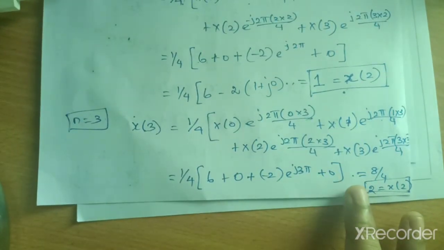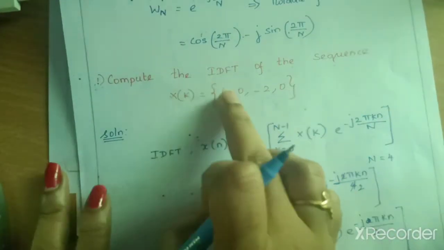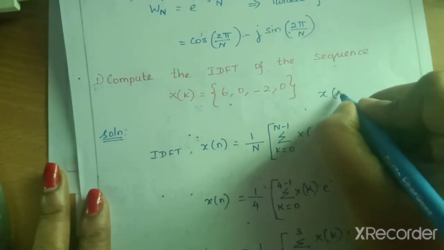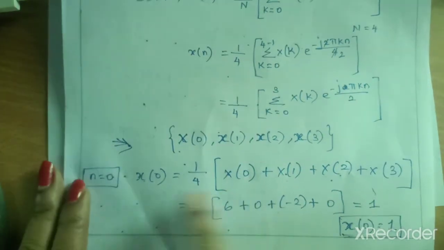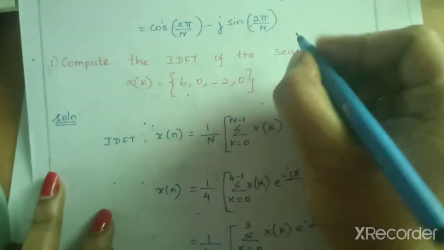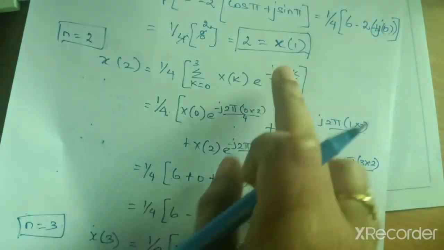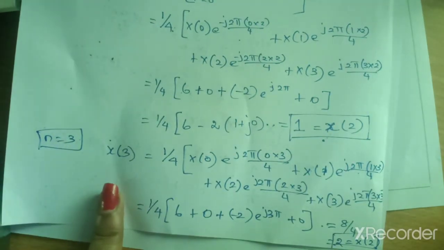So now we can write the answer. Small x of n will be: x of 0 will be 1, x of 1 will be 2, x of 2 will be 1, and x of 3 will be 2.